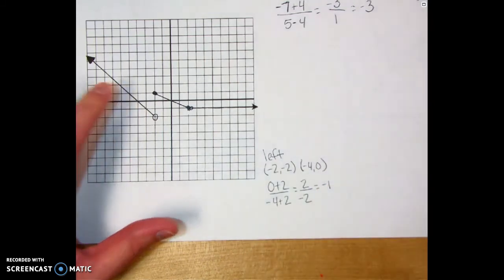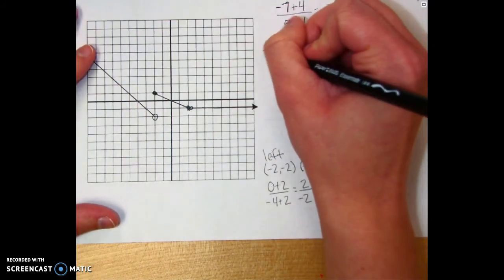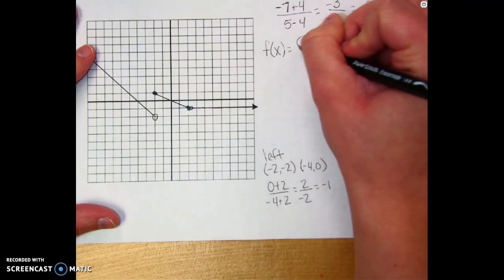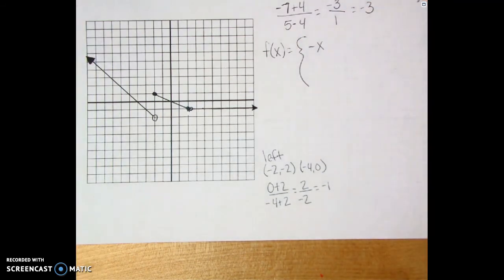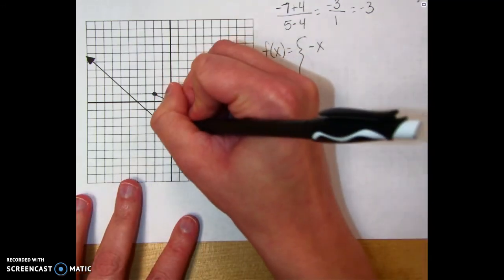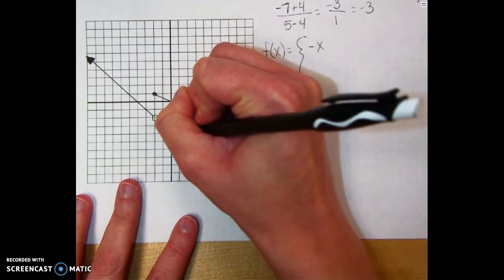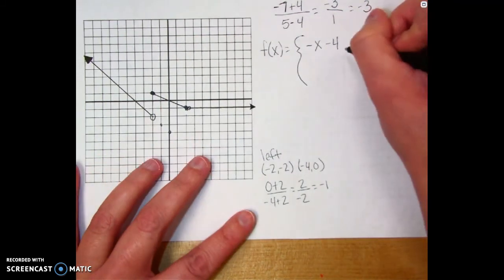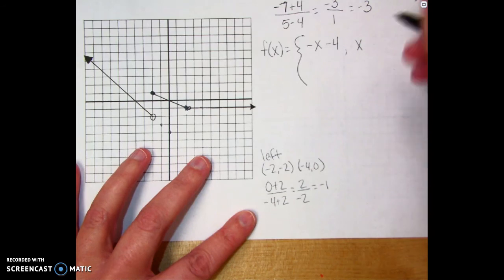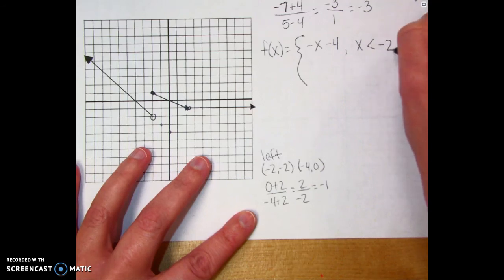And that's negative 1. So for my first equation, that's negative x. And did you guys figure out what the y-intercept was? So it goes down 1, that's negative 4. And what's the inequality? There you go.